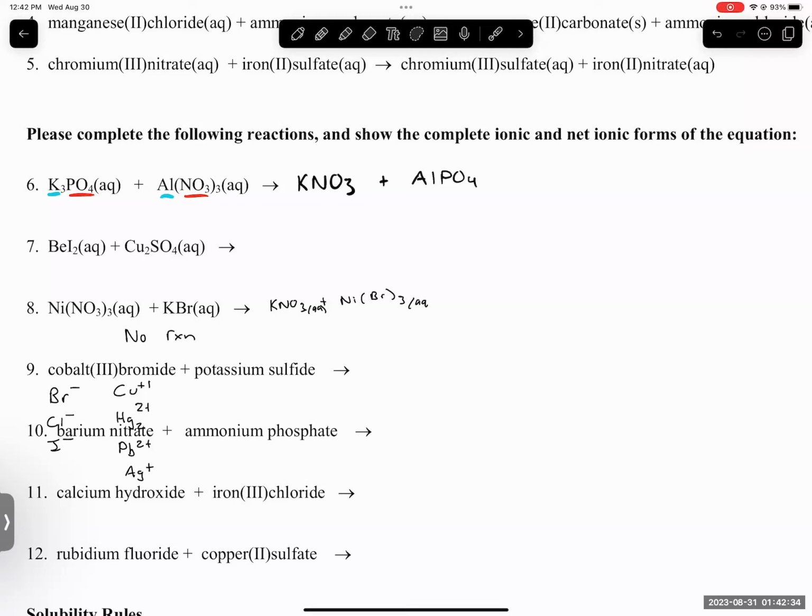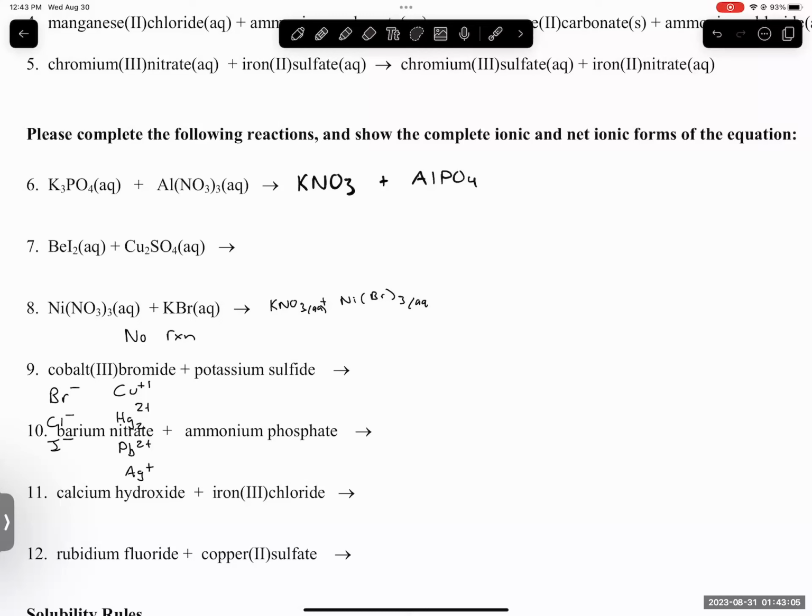AlPO4. And again, aluminum has a +3 charge, phosphate has a -3 charge, so they cancel out. So no parentheses needed. It's AlPO4. Okay. What's next? Balance. We definitely want to balance. Can someone tell me what the balance is?